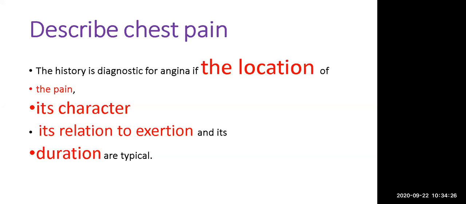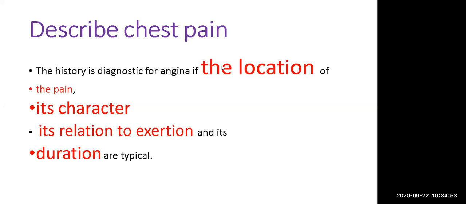Okay, so you need to describe the chest pain. How to do the describing? Because it is very important: by describing the pain, you will identify what disease the patient has. So let's see. You need to ask about the location of the pain.